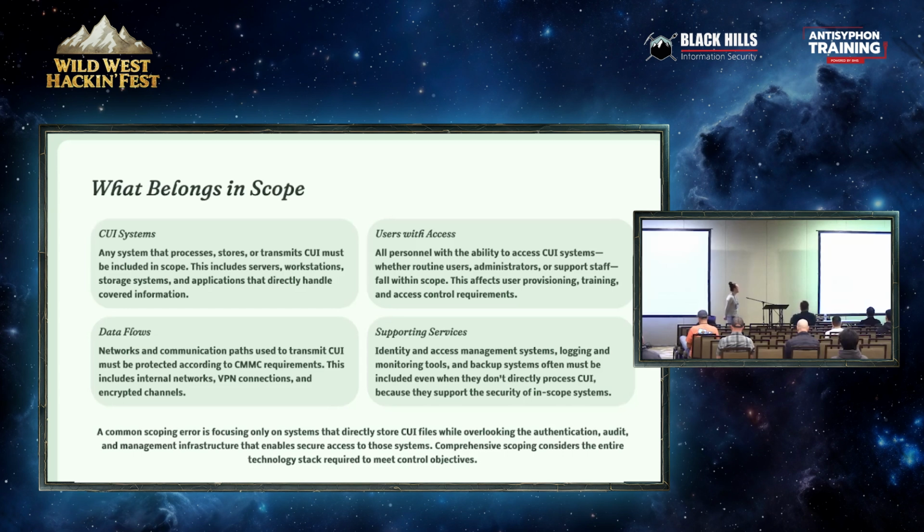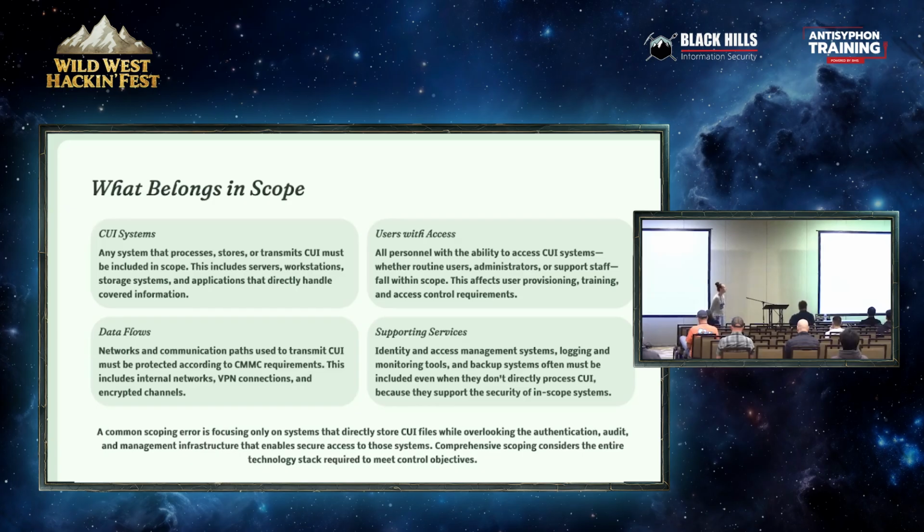Networks and communication paths, so there you go. Internal, hopefully you're not getting too much on ye old public internet, but VPN connections, encrypted channels, and don't forget we also think about our cloud and third parties. But the supporting services, and I cannot stress this enough, this is where a lot of people struggle.